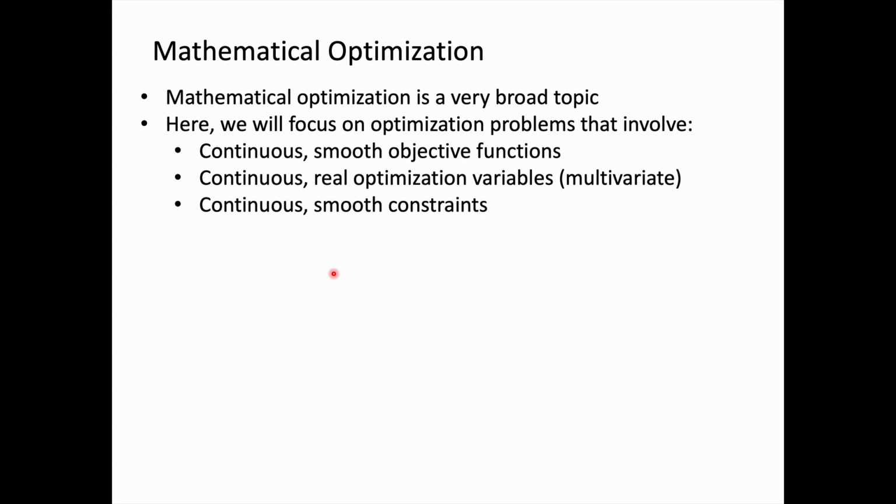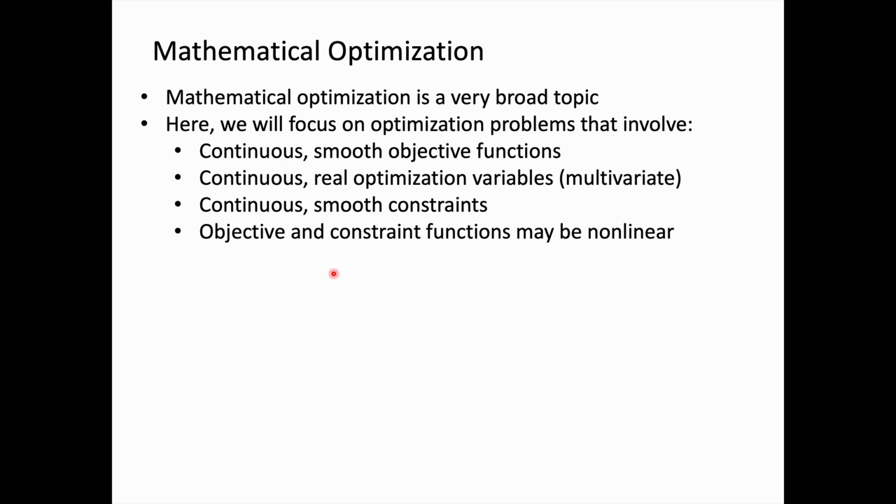We are looking at problems that, in addition to having continuous smooth objective functions, have continuous smooth constraints. This will make a little bit more sense later on. We can define constraints in general using constraint functions, and these constraint functions themselves need to be continuous and smooth for the class of optimization problems and solution algorithms we're going to learn about to work.